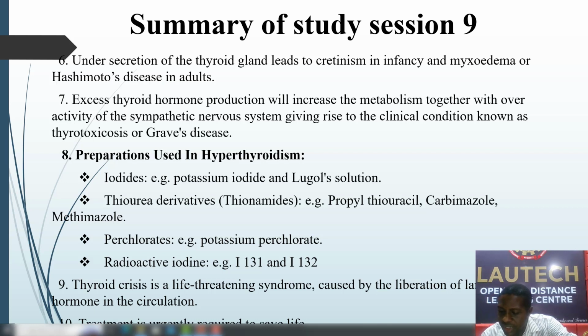Last thing is that treatment is urgently required to save life when an individual comes down with thyrotoxicosis or thyroid crisis.